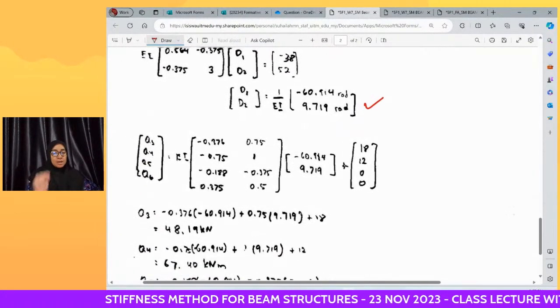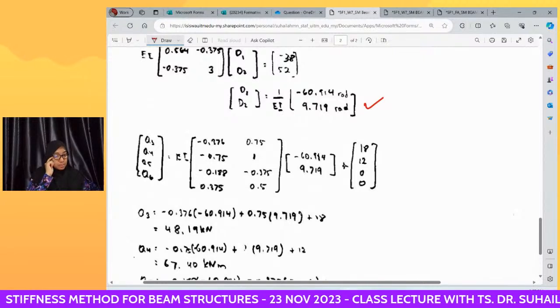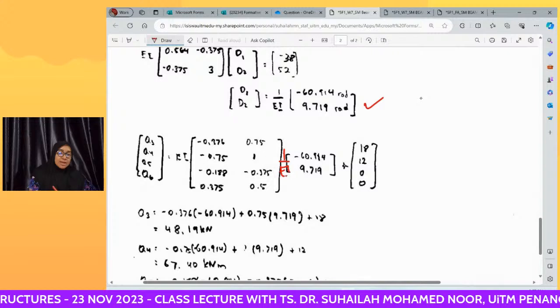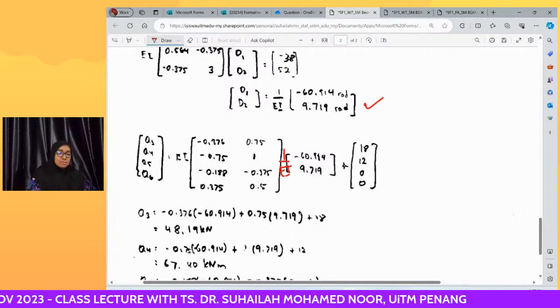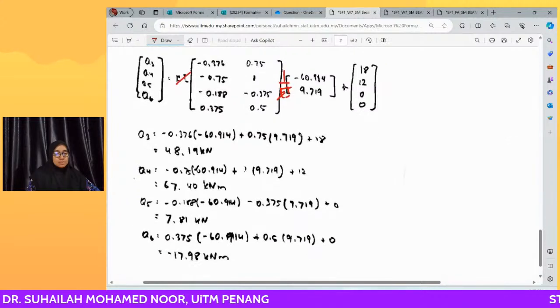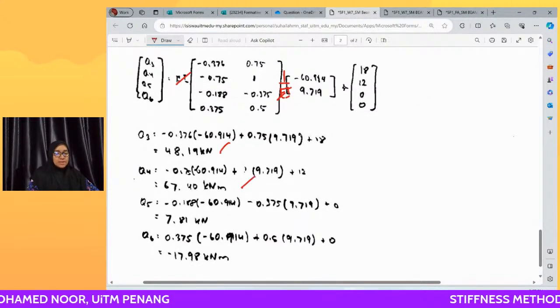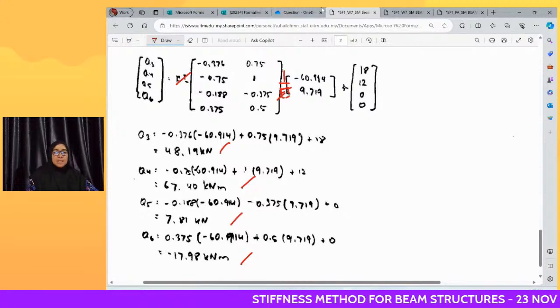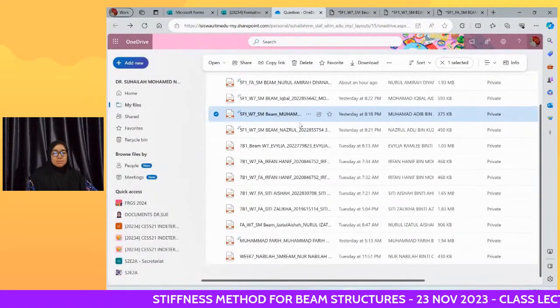Then substitute back. This is 1 over EI, then only it cancels with this and this. 48, 67, 7.8, negative 17.98.